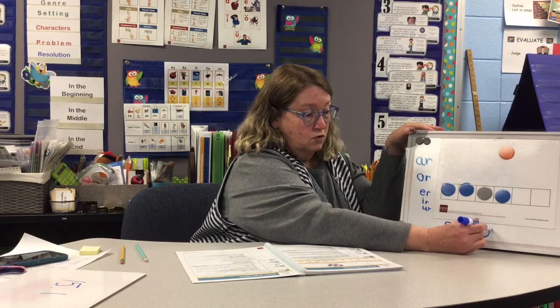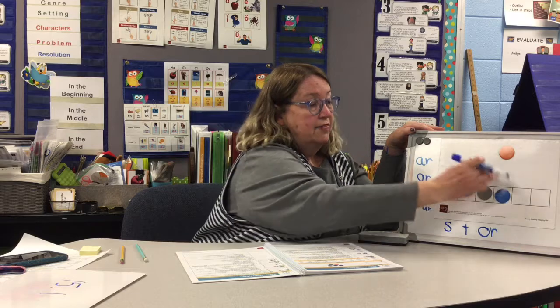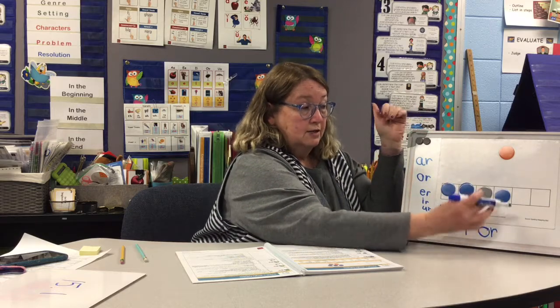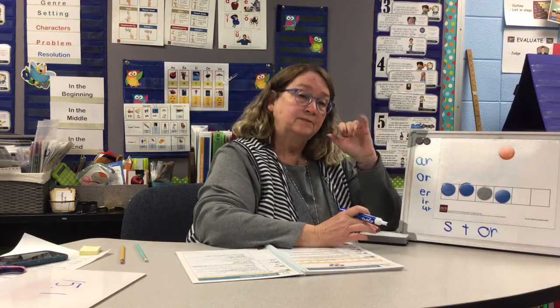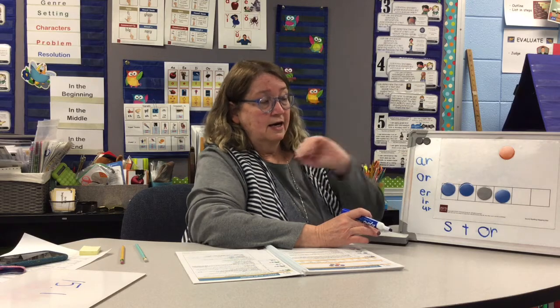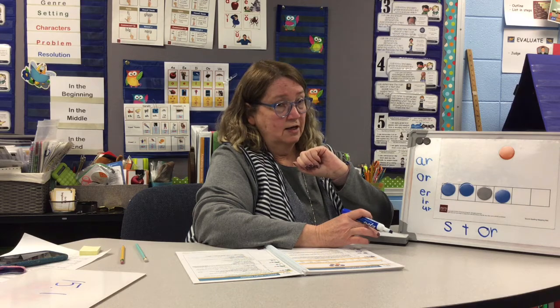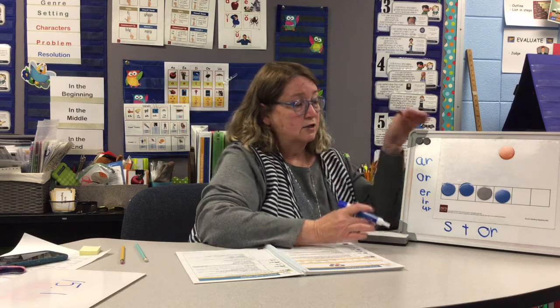So hopefully you heard the or, which is that R controlled right there, and then k. So that's the thing, that k sound in the end, there are 2 letters that could make that sound. One is more common at the end of a word, okay? And it's not a digraph, so we know it's not 2 letters making one sound, okay? So it's not CK, stork.